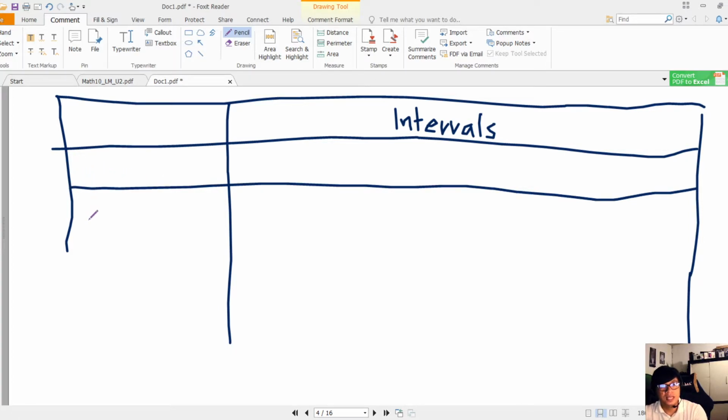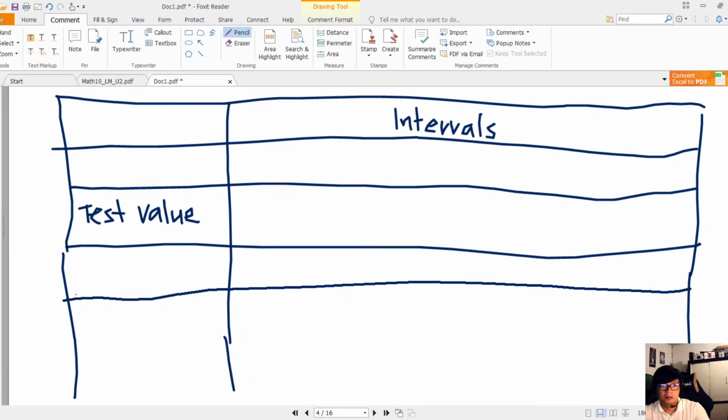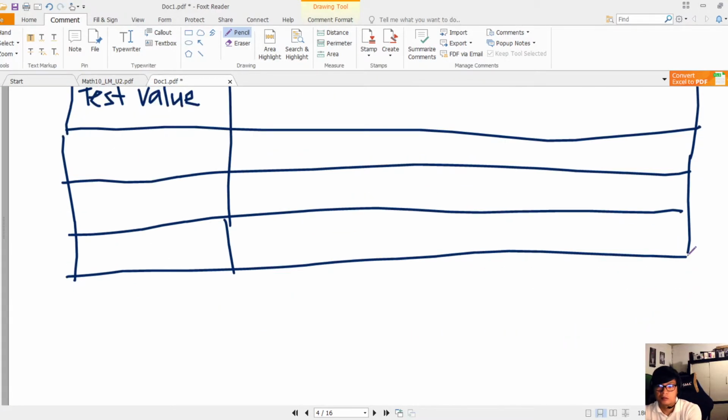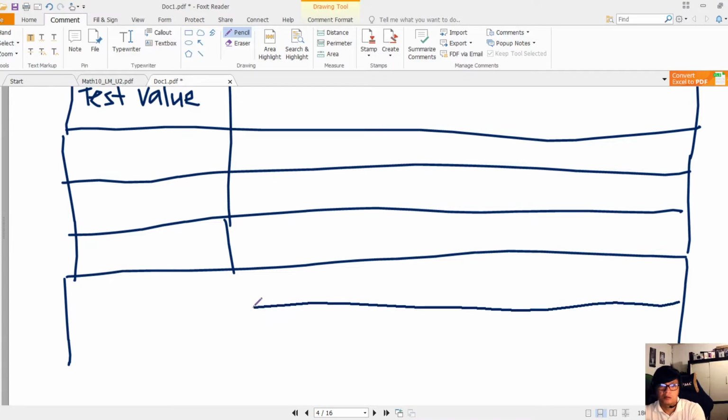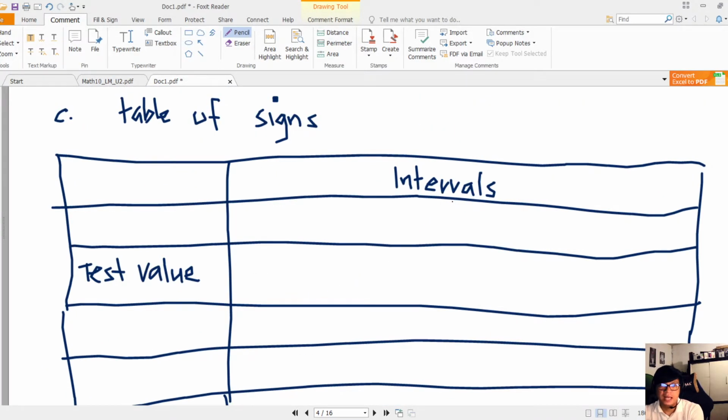Dito yung test value. So, ilang intervals tayo?